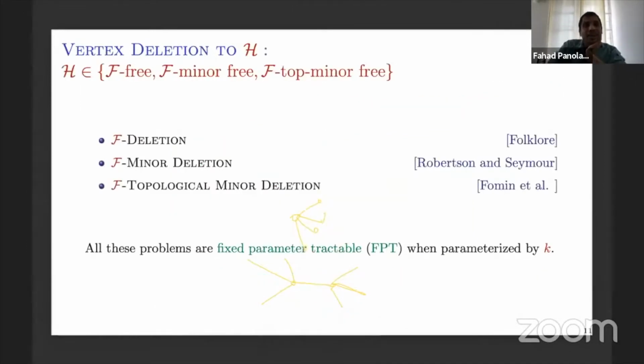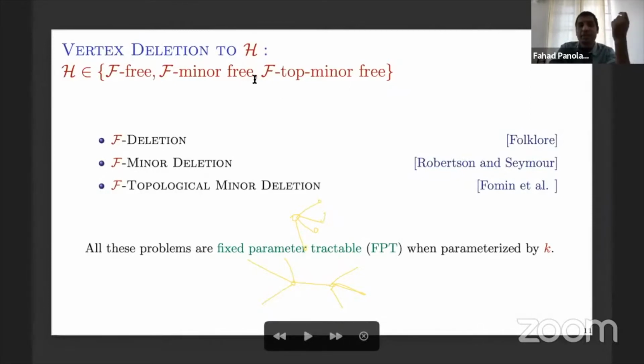Now we can ask a more general question, right? So H is an F free graph class, or F minor free graph class, or F topological minor free graph class. So we are given some F, and we want to get into F free or F minor free or F topological minor free graphs after deleting K vertices.